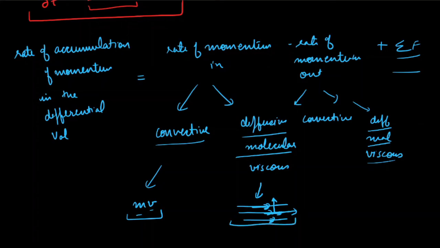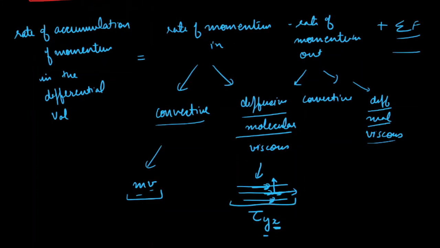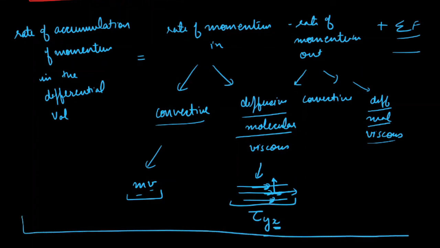That is why we have two directions when we talk about momentum flux or viscous momentum flux. One example is tau yx, where the direction of momentum is x and the direction of flow of this momentum is y. We will use this equation in the questions, and I will explain it more when we do the questions. Thank you.